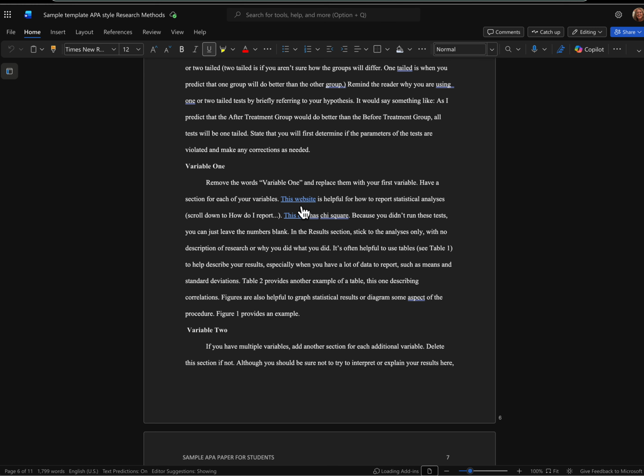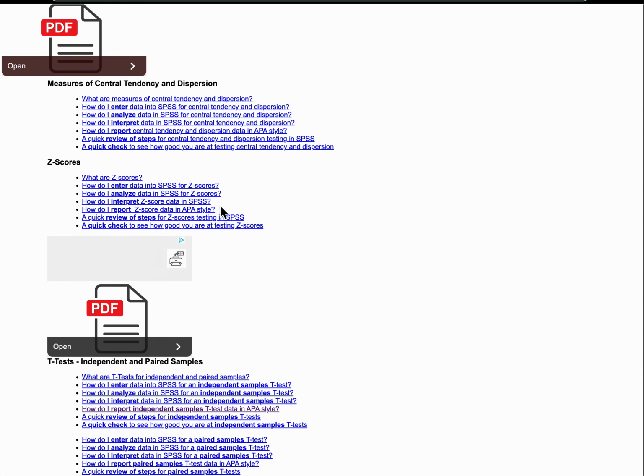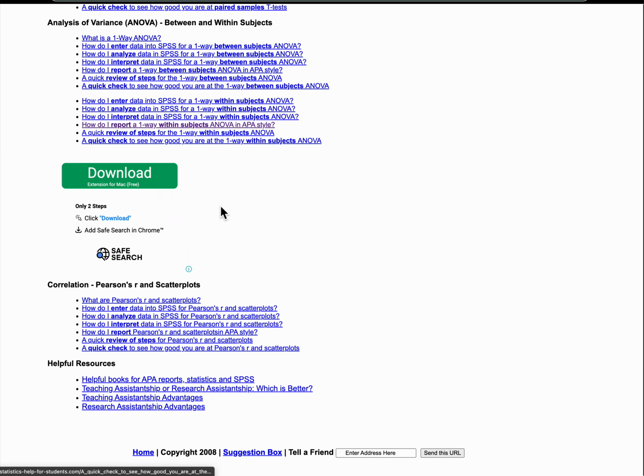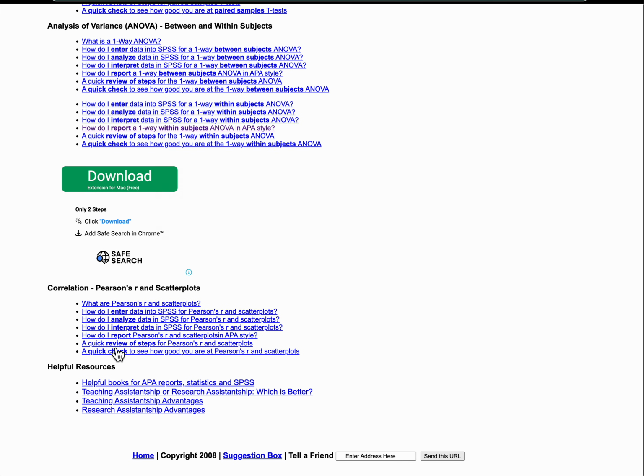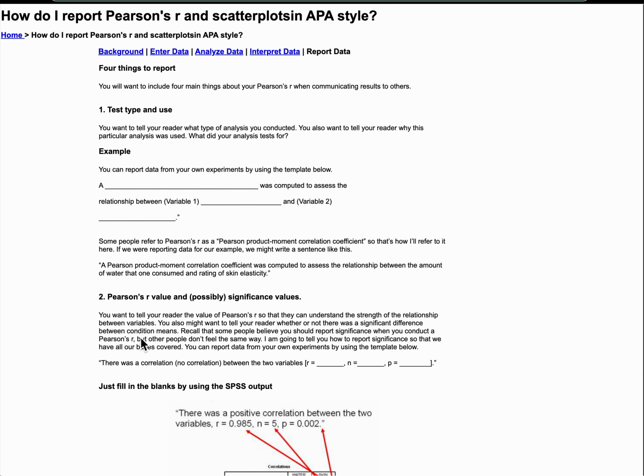Here's the website that's helpful. Let's say that we already know this is a correlation. It says, how do I report a correlation? You would literally just copy and paste this: A Pearson product moment correlation was computed to assess the relationship between variable 1 and variable 2. That's it.